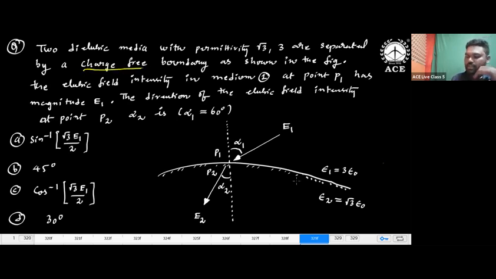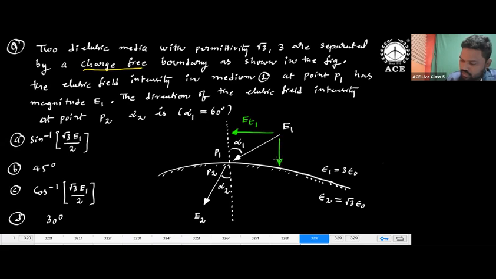So he is asking for the value of alpha 2, beta. The medium parameters, everything is given. We have developed the boundary conditions for tangential and normal components. But here the electric field is oriented in an arbitrary direction. Can you find out? Yes, we can. We need to resolve into the tangential and normal components, beta. So I'll resolve this into the tangential and normal components. Here it is tangential to the interface, I'll call it ET1.